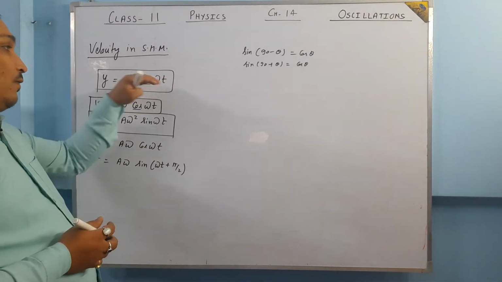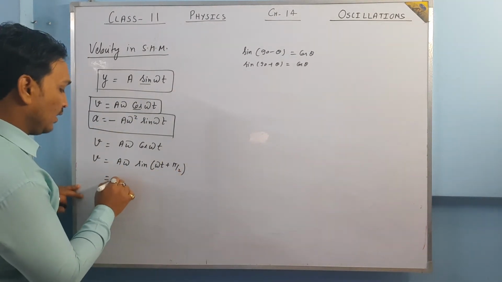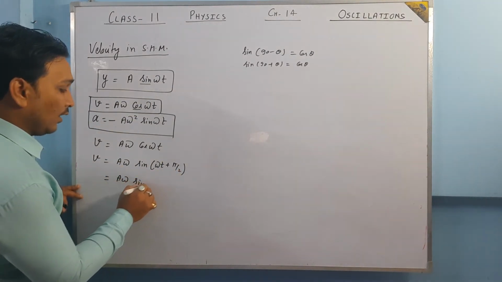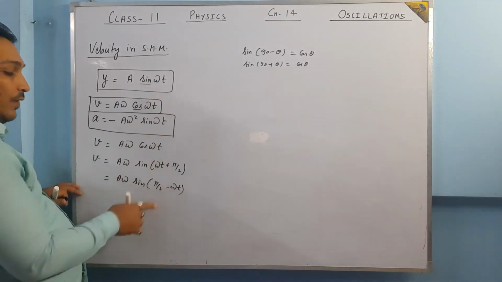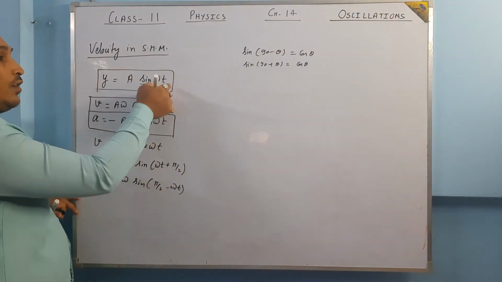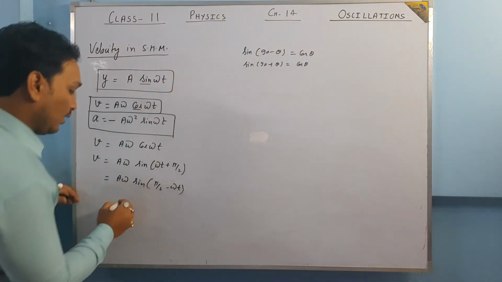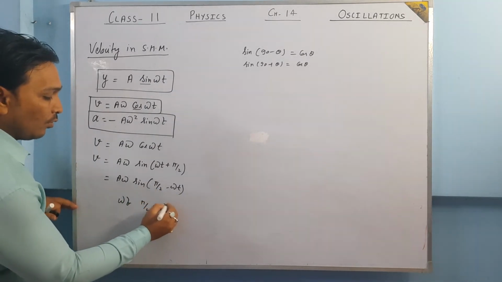Suppose I had written it as a omega sine of pi by 2 minus omega t. If I calculate the phase difference between these two, the phase of displacement is whatever is written in front of sine, that is omega t. And the phase of this one is pi by 2 minus omega t.